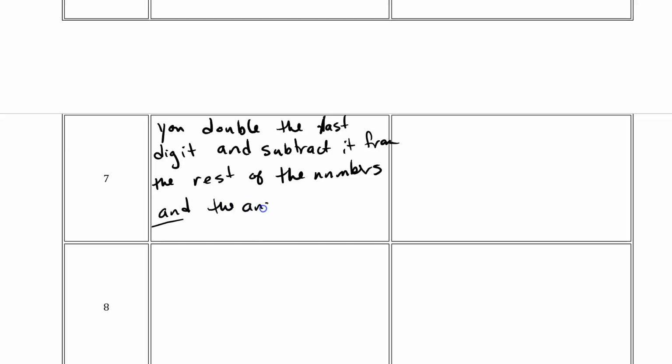So we know it's divisible by 7 if you double the last digit and subtract it from the rest of the numbers, and the answer is 0 or divisible by 7.